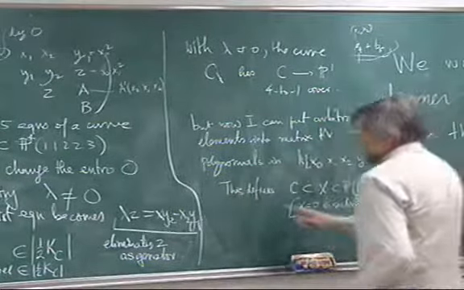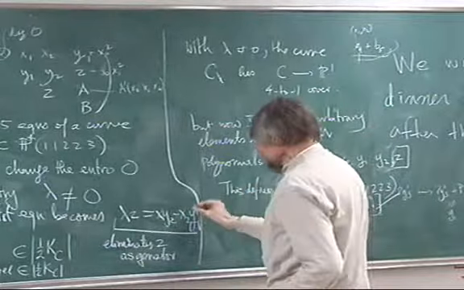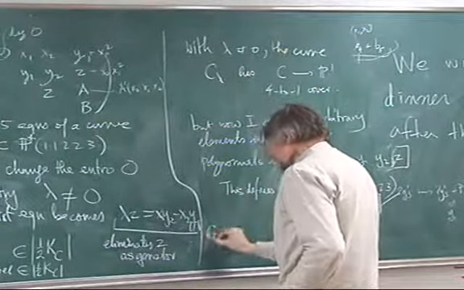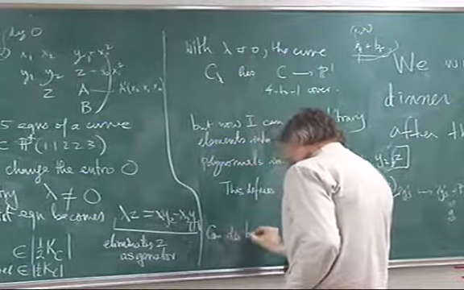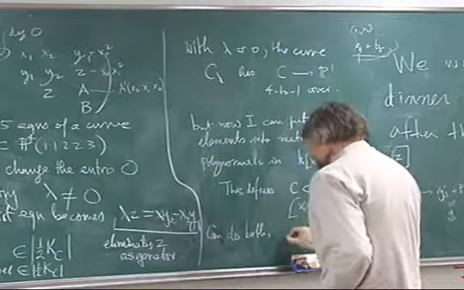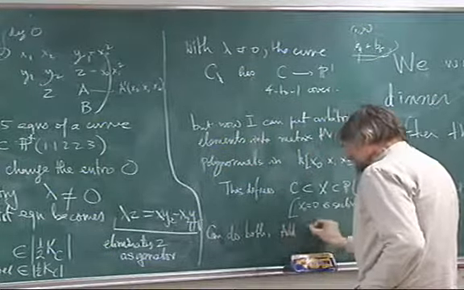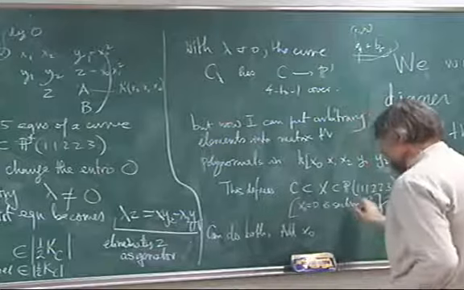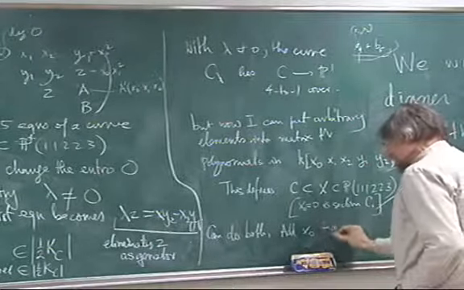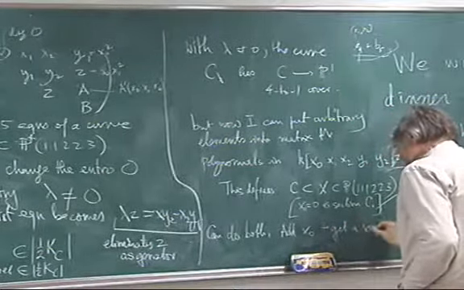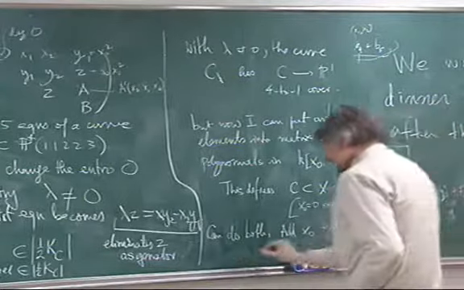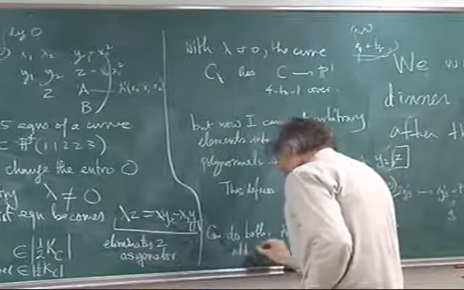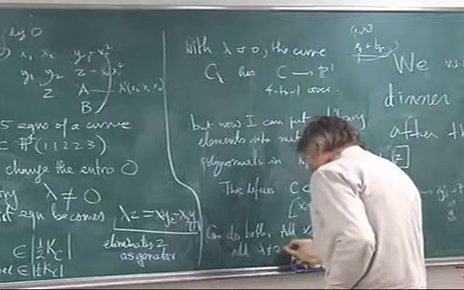Okay, and then I can do both of these operations at the same time. I can do both. I can add the x naught to get a surface, and I can add a lambda not equal to 0 to get rid of the base point.